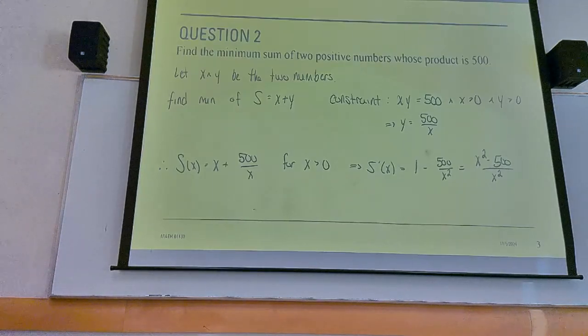Is there anywhere this is undefined? At 0, it's undefined. Do we have to worry about that? So it's defined everywhere, because 0 is not in our domain. Now just set it equal to 0 and solve.